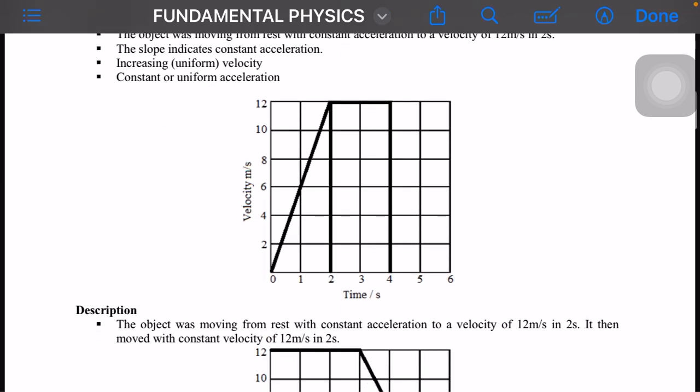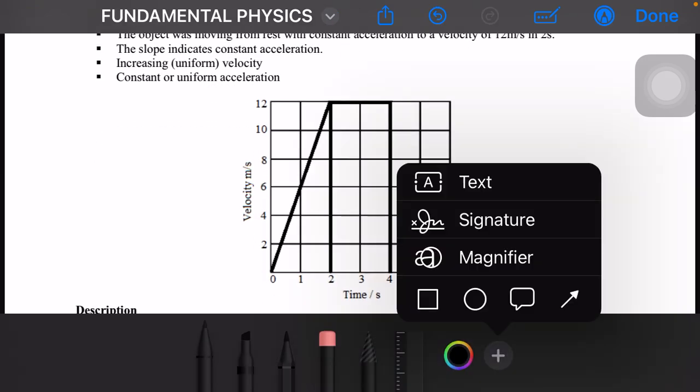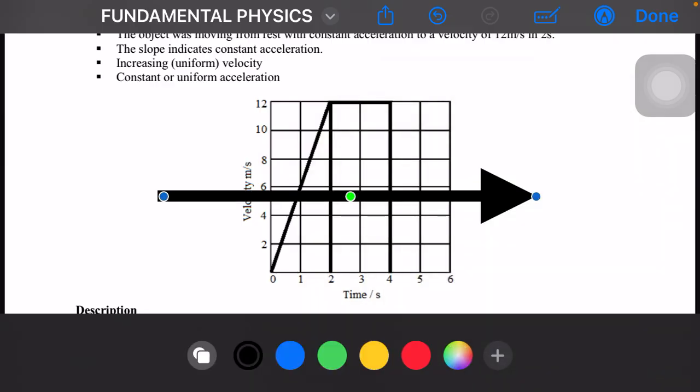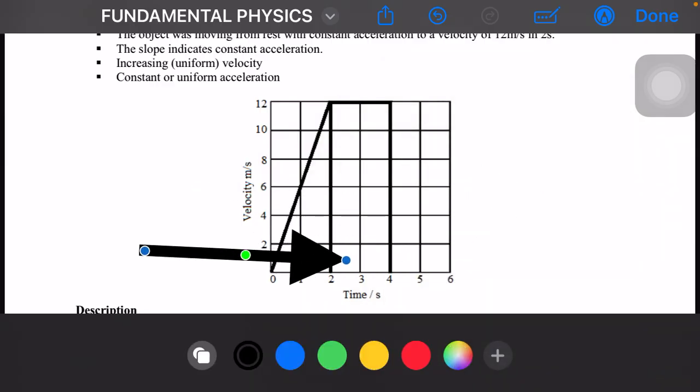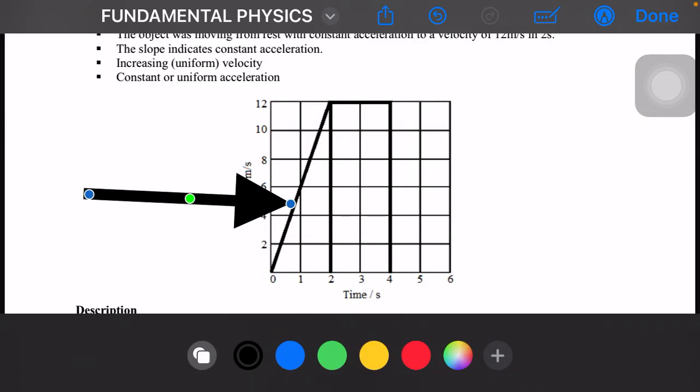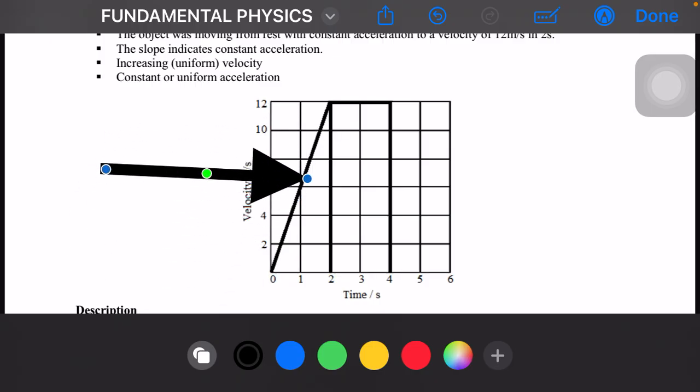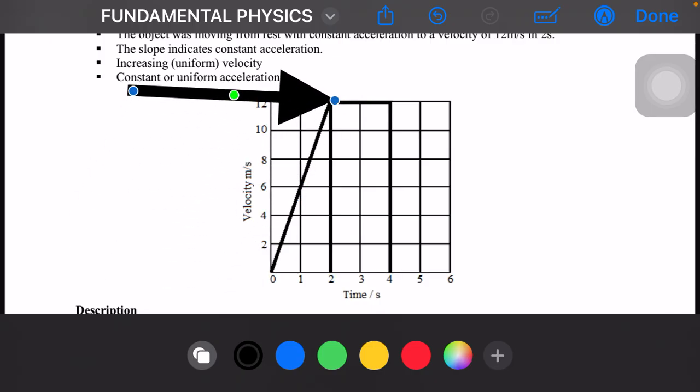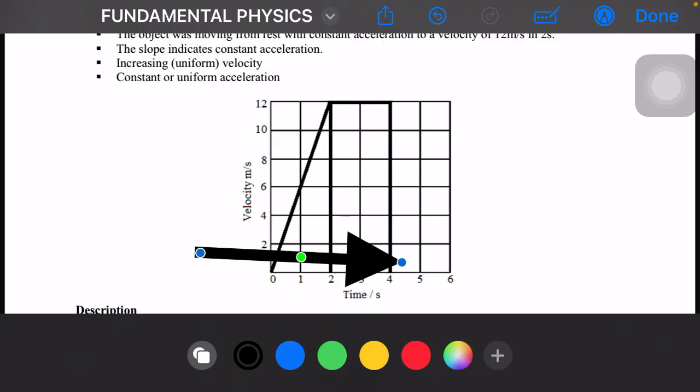Okay, let's look at another example of a velocity time graph. Each time you see such a graph, what does it mean? You have a slope drawing straight, going uniformly, and then the graph is horizontal, then it drops.